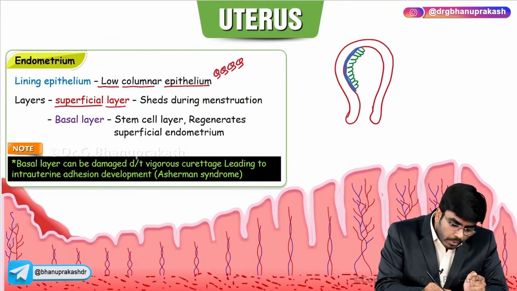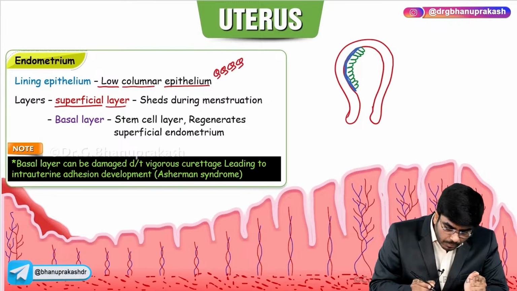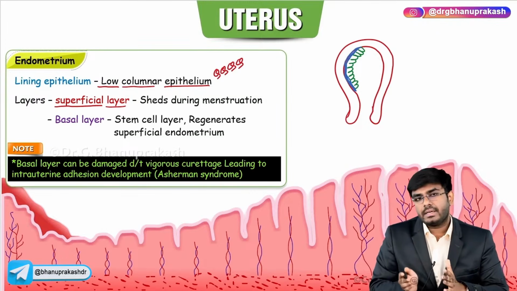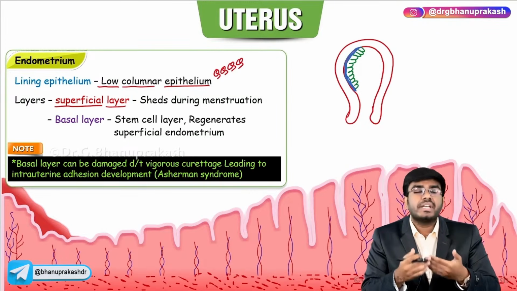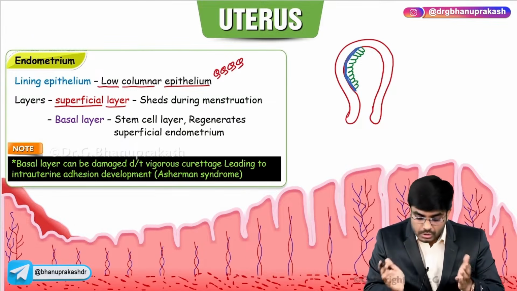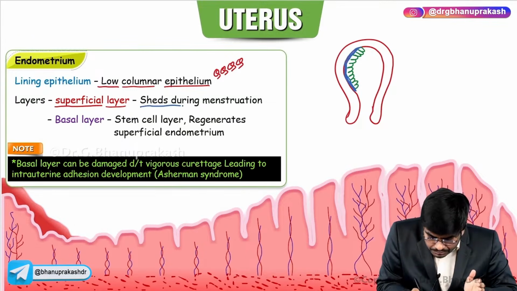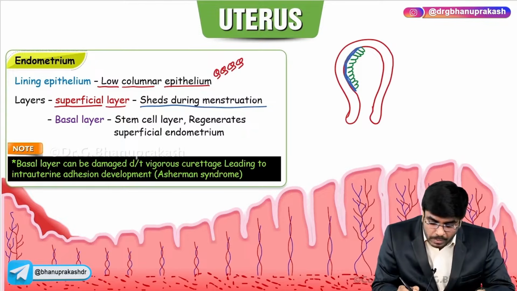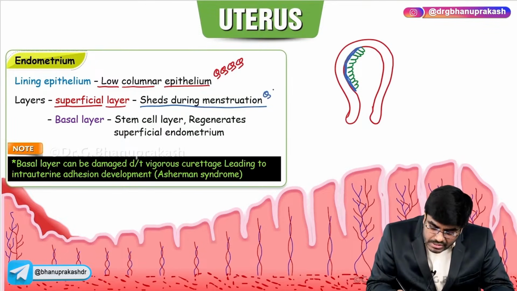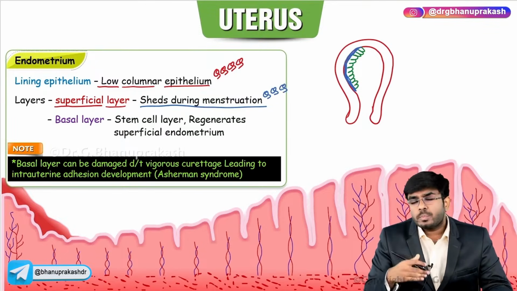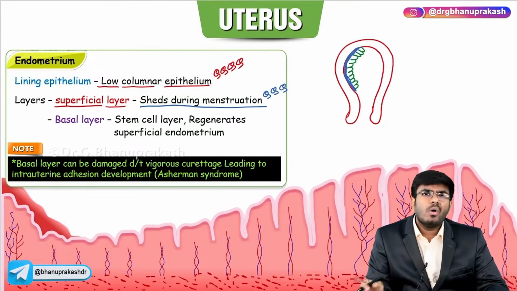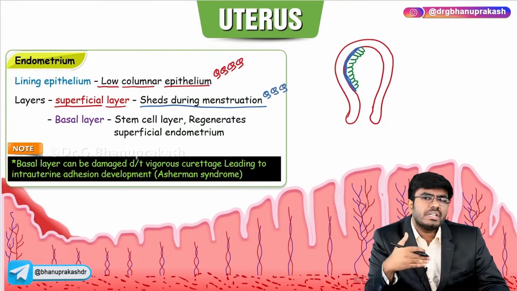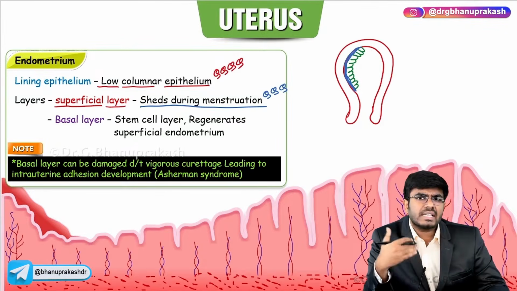Now, what are the important points to be known? Guys, the superficial layer sheds out every month. That's nothing but menstruation. So, during menstruation, the superficial layer will shed out. If the superficial layer is shedding out, there should be a superficial layer again for the next cycle, right?